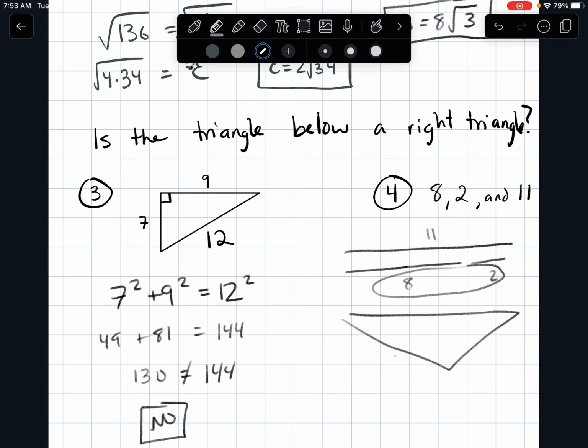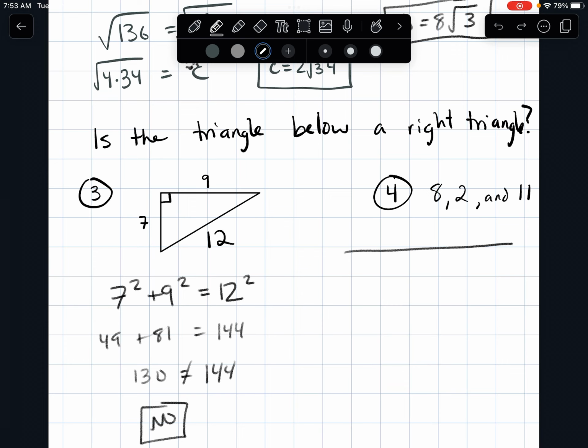These two will not be long enough to connect to that third side. So if it won't even make a triangle, there's no possible way it's going to make a right triangle. The rule is that these two sides have to add up to be more than the third side. If that's not the case, you can't even make a triangle.